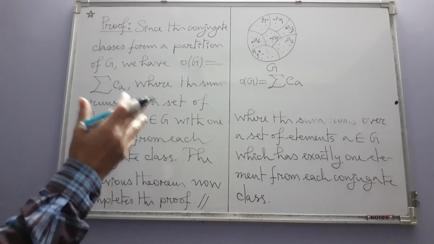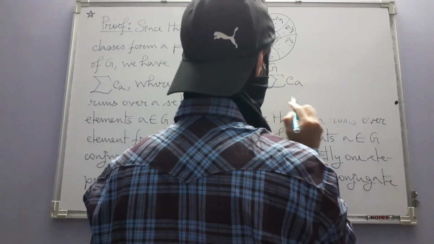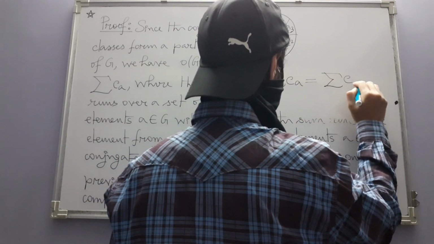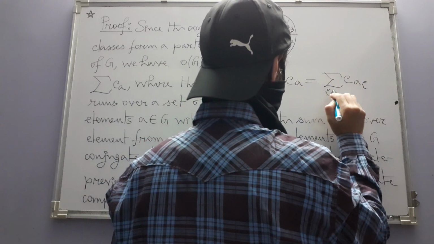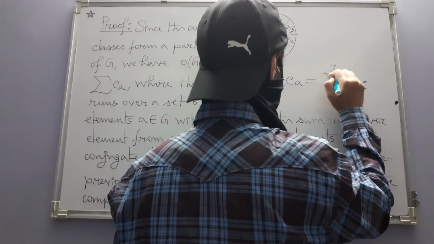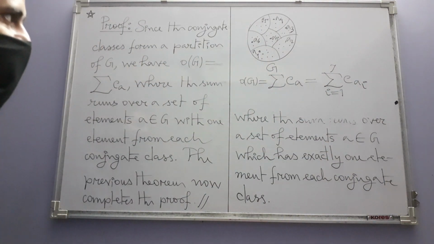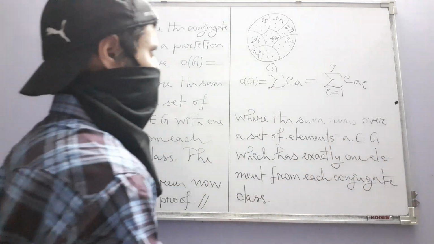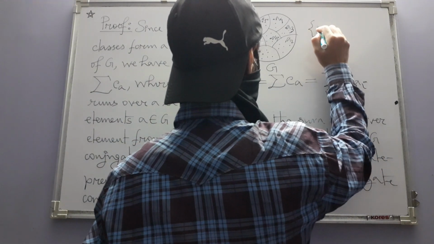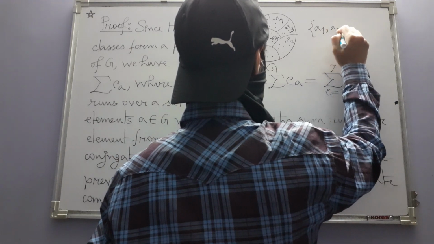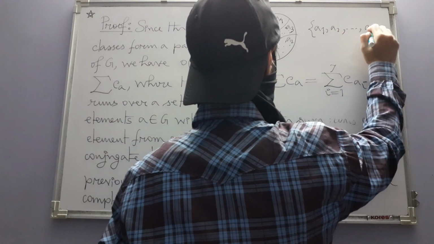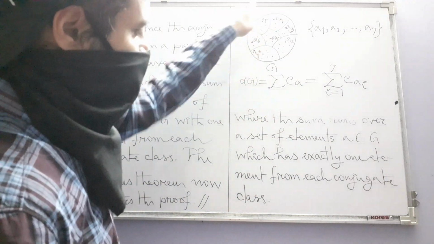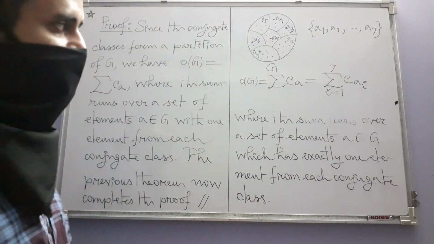So for this particular situation, this sum is this, CAI, where I varies from 1 through 7. So that set of elements we are talking about here is this set, which has exactly one element from each conjugate class.